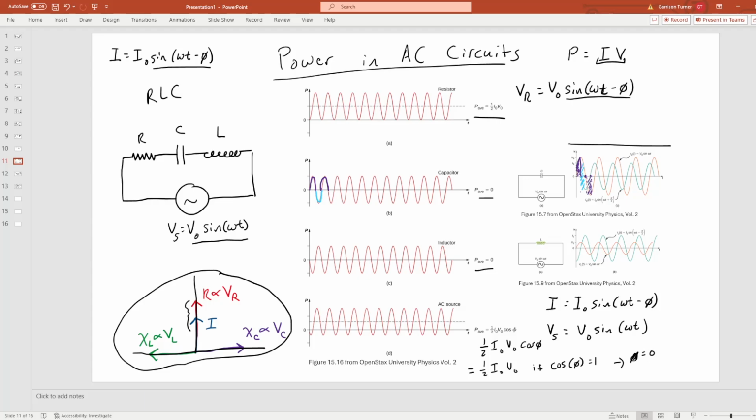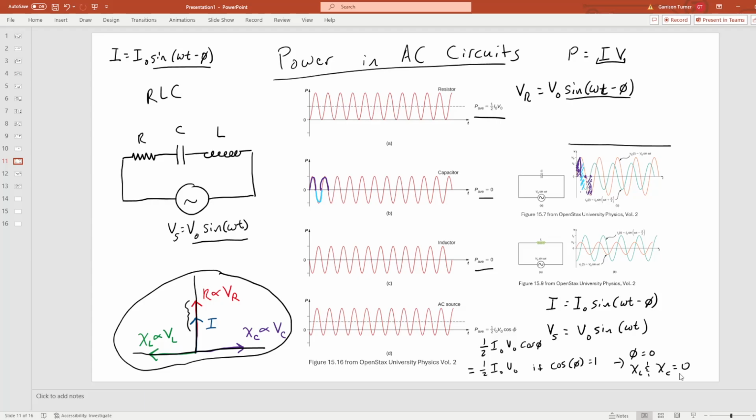And if phi equals 0, in that case, both of those are equal to 0. And what that means is you don't have a capacitor or an inductor in your circuit.